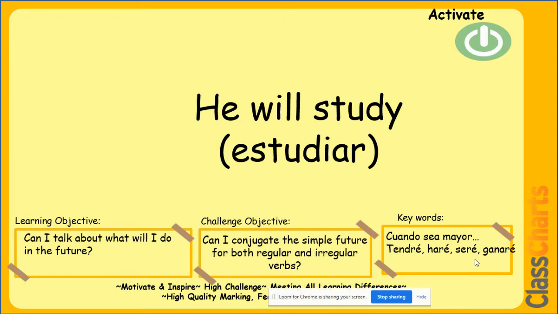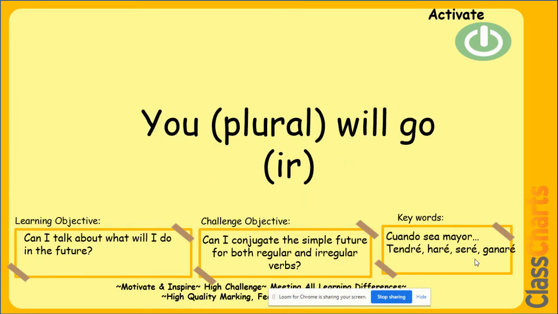He will study. Estudiará. Okay? And you will go. Remember, the verb to go is irregular for other verb tenses, but not for this one, not for the future tense.